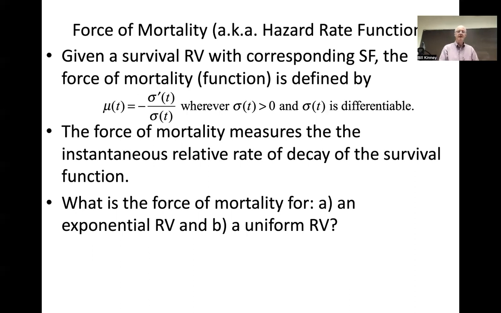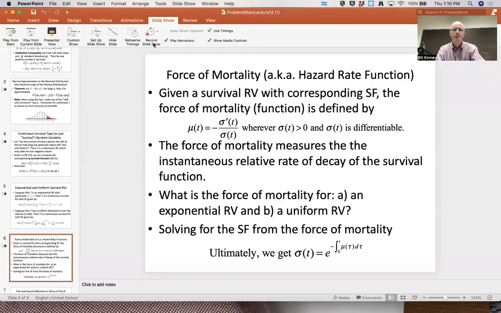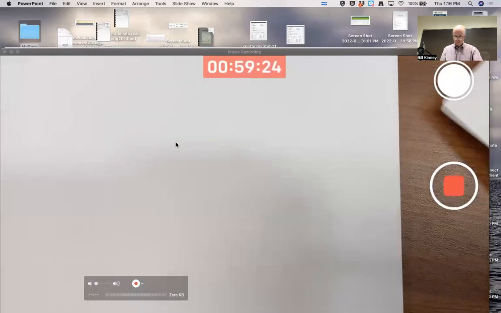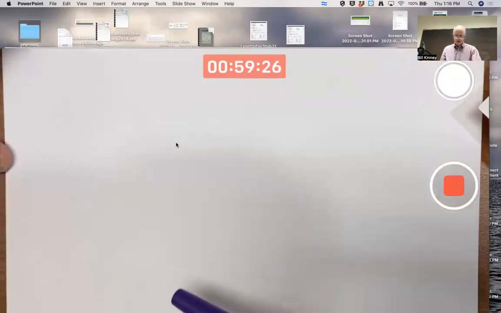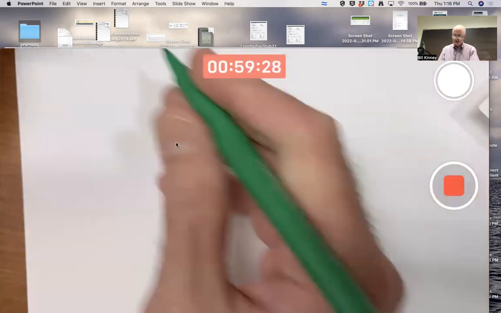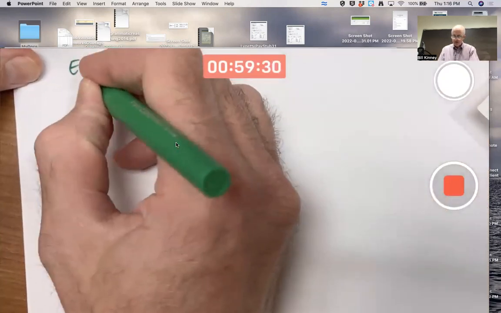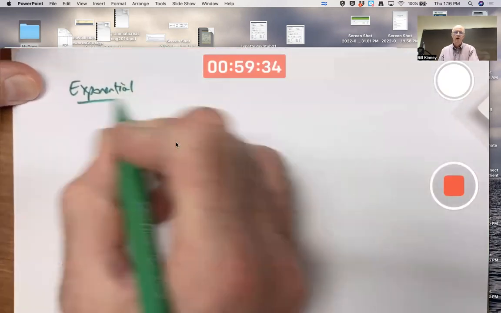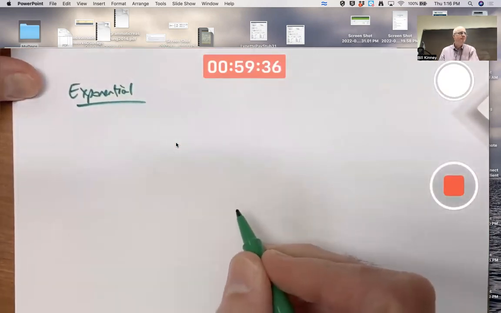What is the force of mortality for an exponential random variable, or a uniform? Let's do it by hand here. So for an exponential example, with mean beta, parameter beta, let's write down what we know.